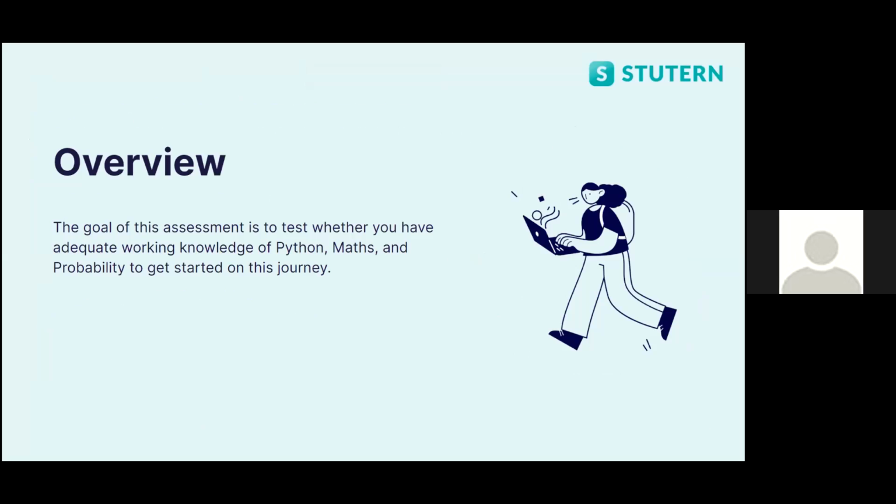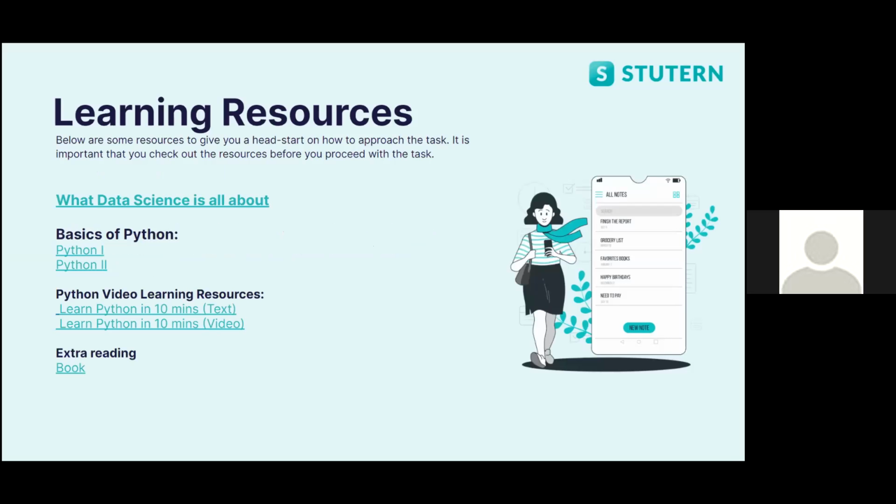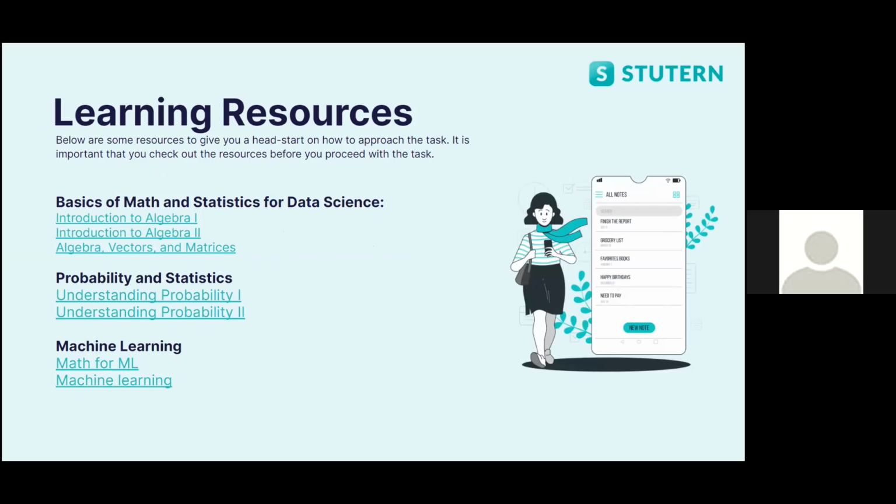Like I said, the goal of this assessment is to test whether you have adequate working knowledge of Python, math, and probability to get started on this journey. There's a tutorial that was shared with you on Python, where you can learn Python, and some extra reading. There's also a bit of algebra, vectors and matrices.